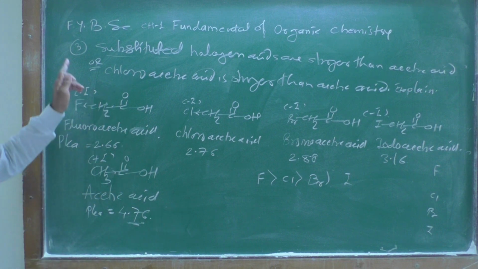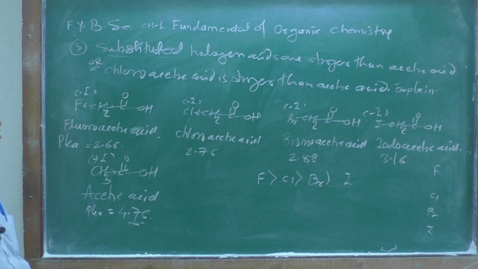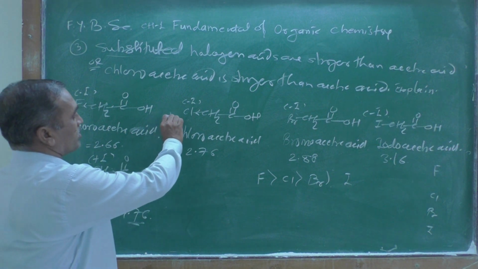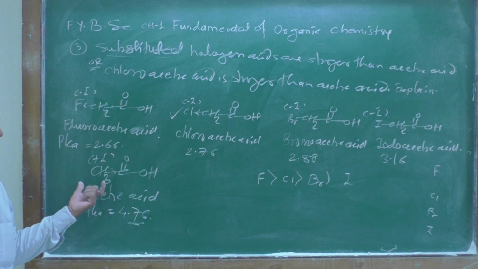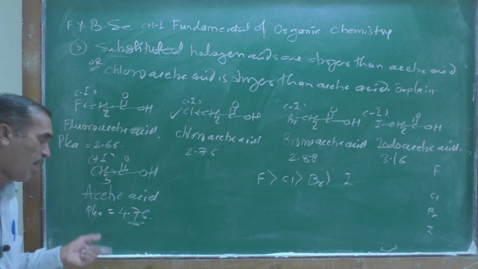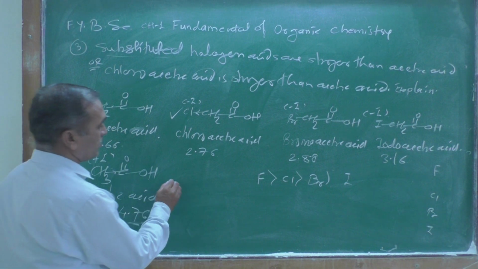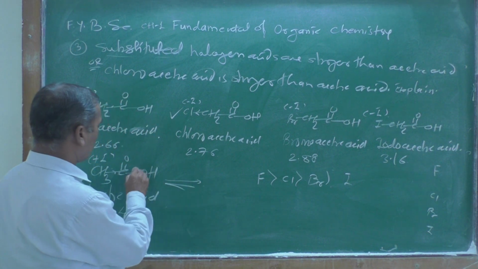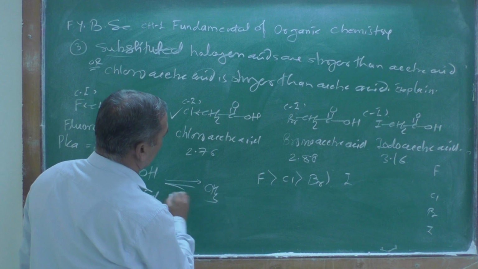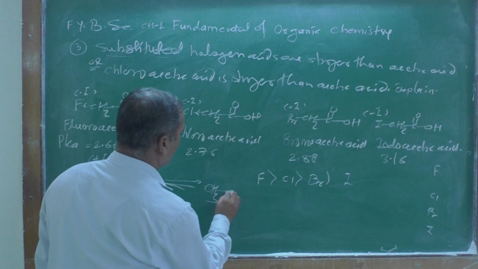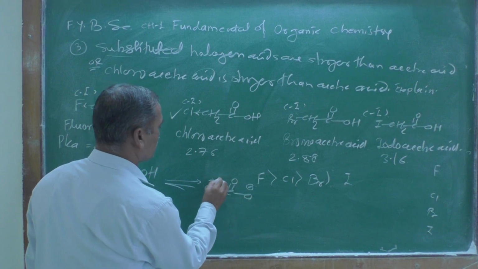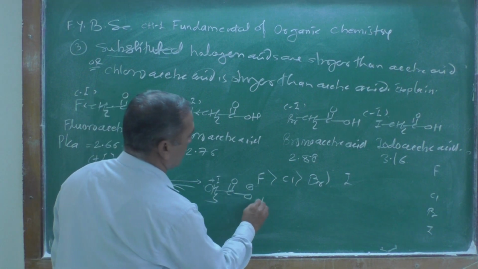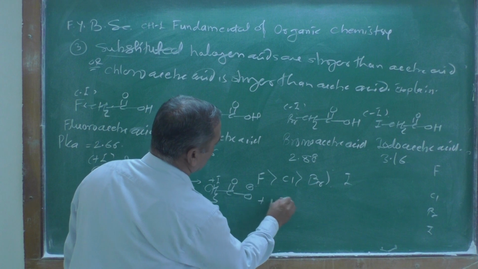Understood this one? Now, chloroacetic acid is stronger than acetic acid. At that moment you must draw the structure of chloroacetic acid, and the second one is acetic acid, and then dissociate it. After the dissociation we get CH3, C double bond O, minus charge, here positive charge, plus I effect, and here H plus is a proton.